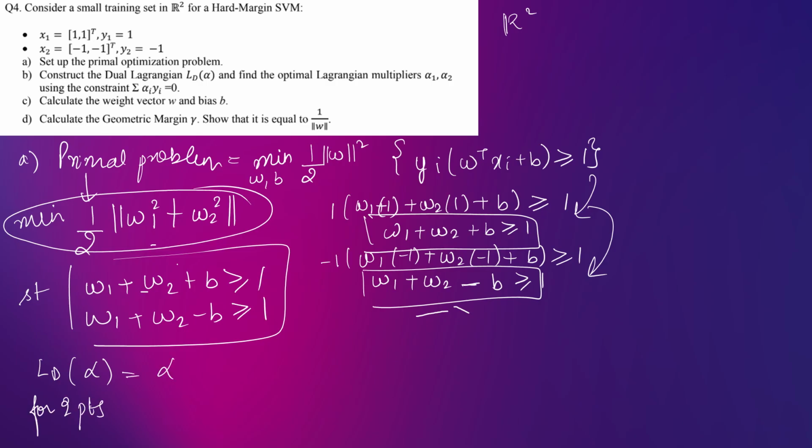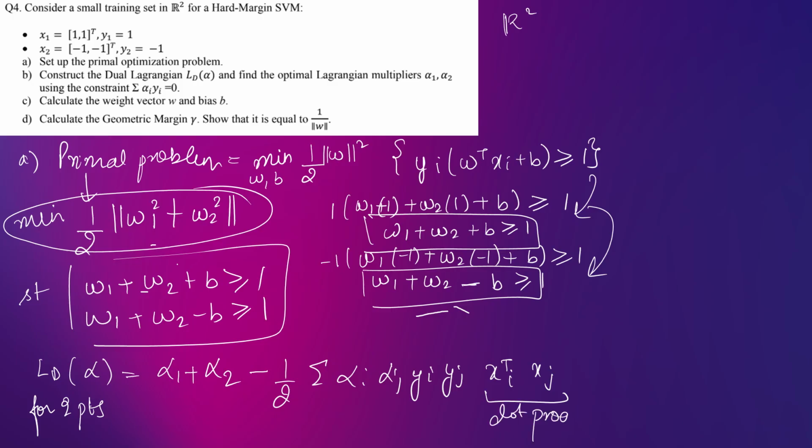So this LD of alpha will be equal to alpha 1 plus alpha 2 minus half of summation of alpha i, alpha j, yi yj, xi transpose xj. This is basically a dot product part. Now for 2 points we'll have these 4 cases. That is x1 transpose x1, x1 transpose x2, x2 transpose x1, x2 transpose x2.